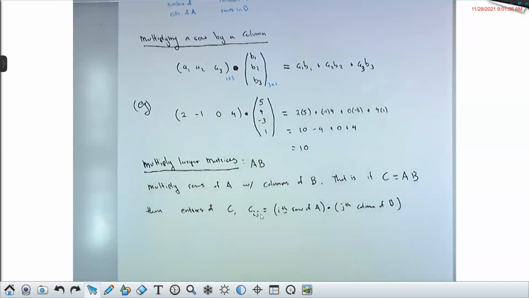So we know how to take a row and multiply by a column. If you want to take two big matrices and multiply them, you take a row from the first and a column from the second, and you multiply them, and that will give you an entry in the new matrix.